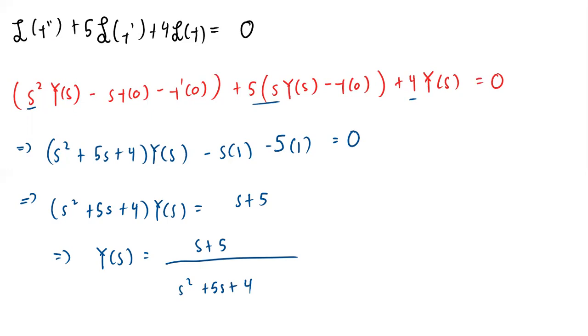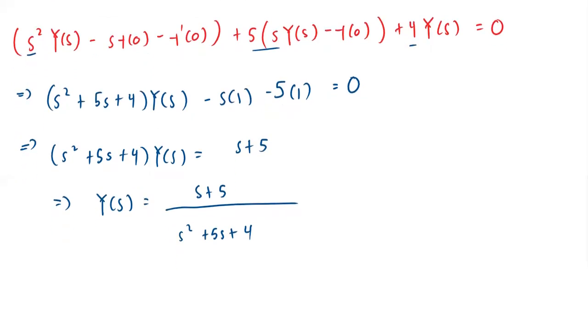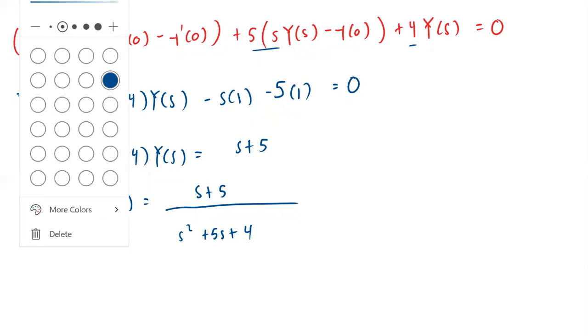Now we're in the last step, where we have to take the Laplace inverse transform. You're going to have to do linearity first. Separate this into sums, and then find the Laplace inverse of each part. I won't do the whole thing, I'm just going to set it up for you.